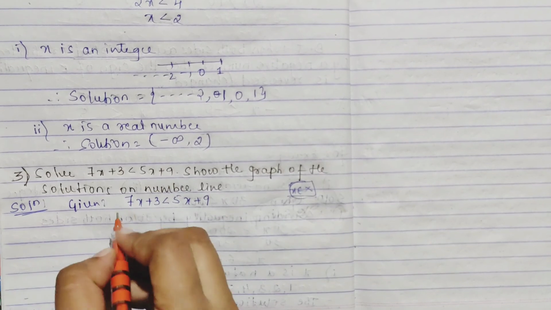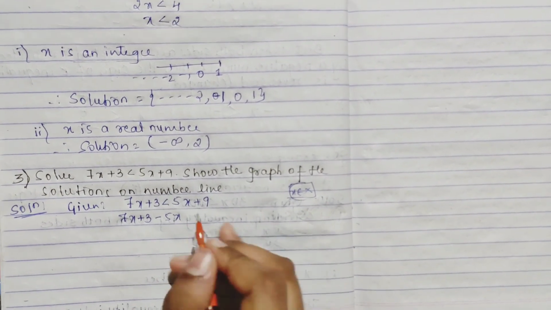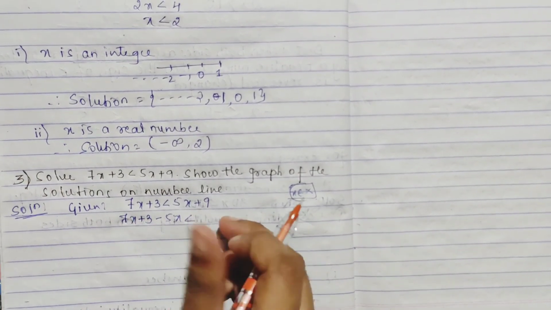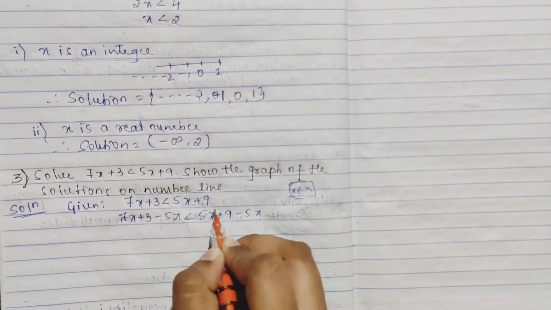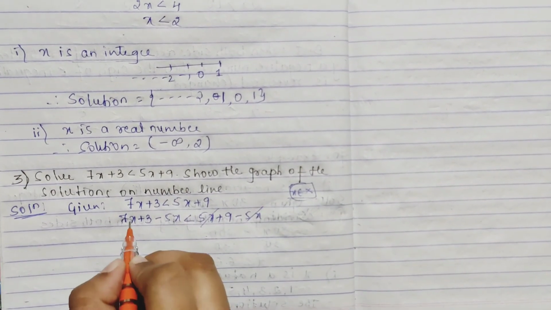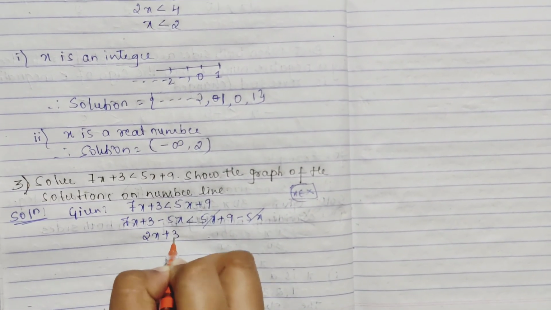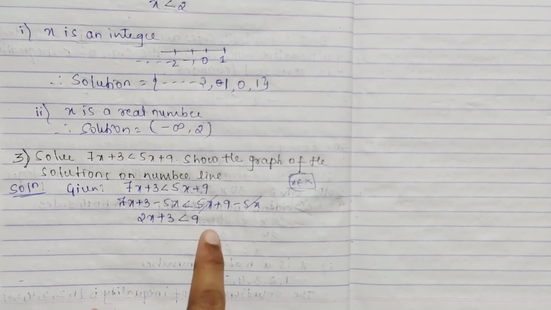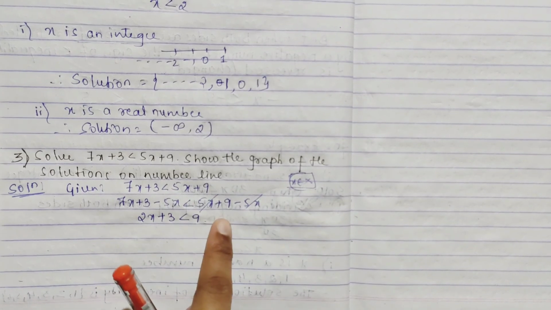If I want this step, I will write 7x plus 3 minus 5x, from this you will understand. Less than, here also it should be 5x plus 9 minus 5x. So plus 5x minus 5x get cancelled, 7x minus 5x is 2x, plus 3, less than 9. Now my 9 and 3 like terms must be on one side, so if 3 goes here it will be minus 3, right?